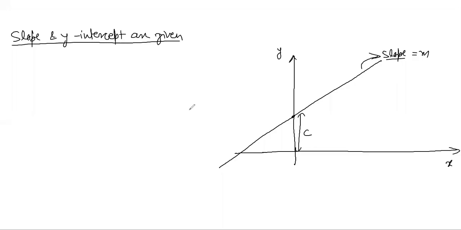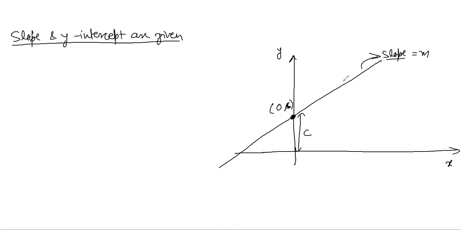Now suppose you have a line whose slope is given as m and y-intercept is also given. So y-intercept means the y-coordinate of the point where the line is cutting the y-axis. So y-intercept is given means 1 point, 0 comma c, is given, which is present in the line.